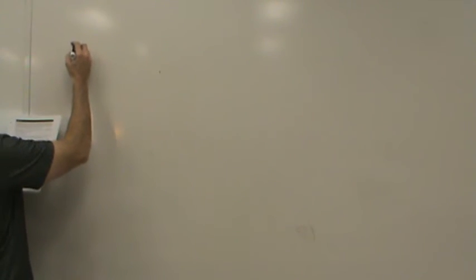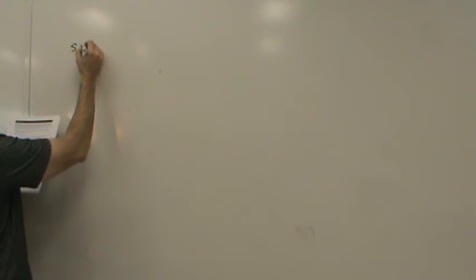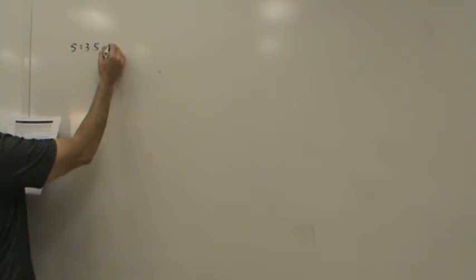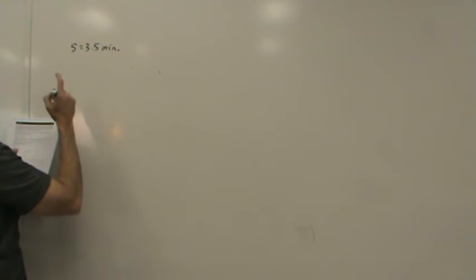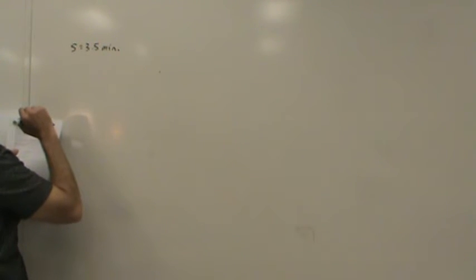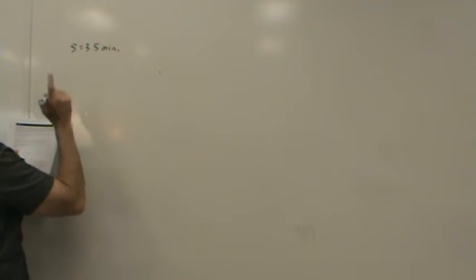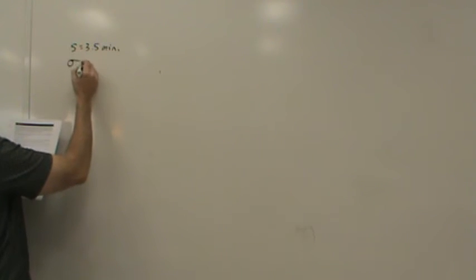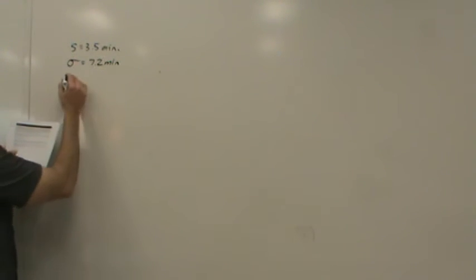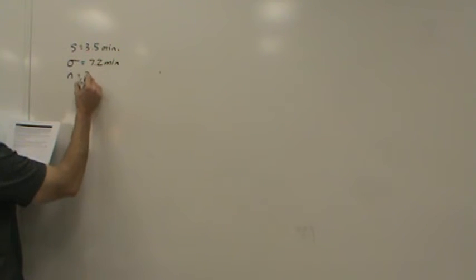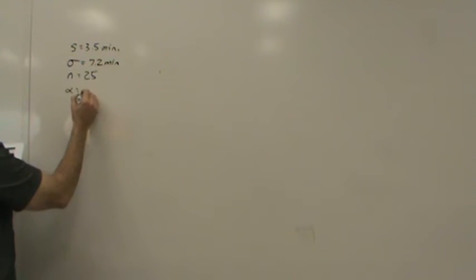From the sample, s equals 3.5 minutes. We also know that for normally distributed waiting times for customers on Friday afternoon, the standard deviation, sigma, is 7.2 minutes. They took a random sample of 25 customers in one main waiting line, and they want to use an alpha level of 0.05.